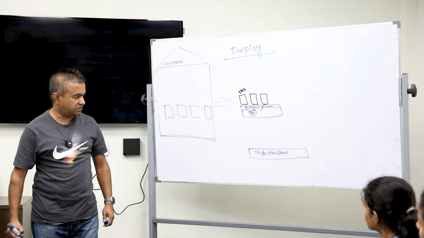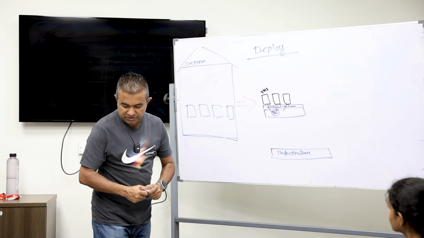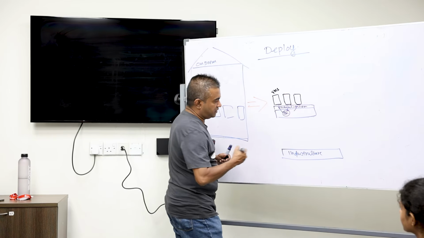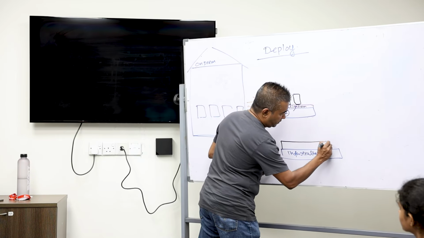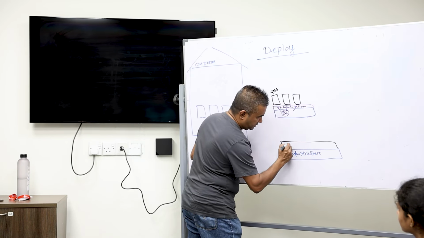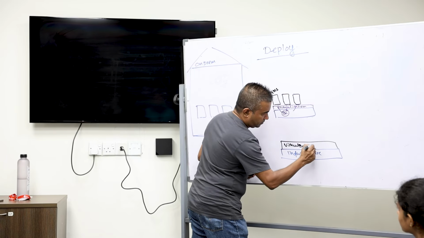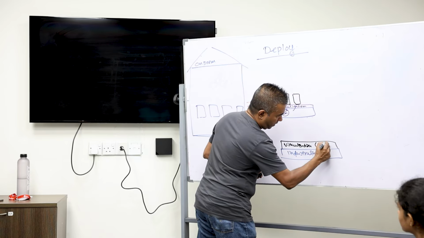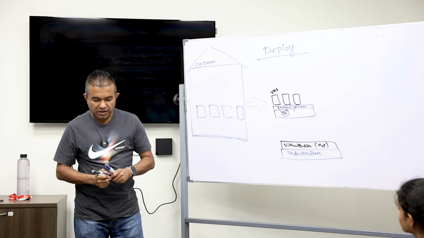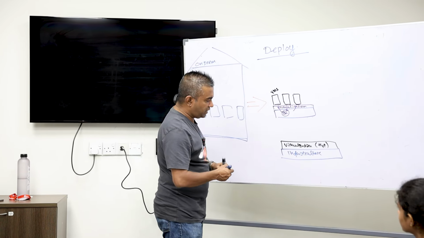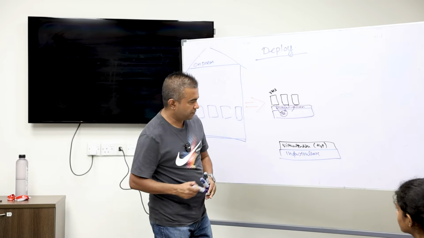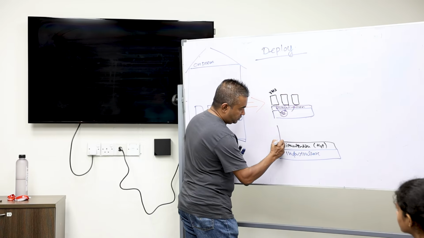So if you zoom in on this part, how this exactly works, you have this infrastructure, right? On top of the infrastructure, you install something like a hypervisor, right? Virtualization software. Okay. So on top of this, you create this VM, right? On top of this, you create this VM.